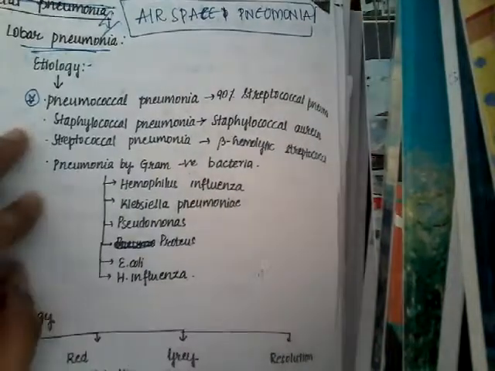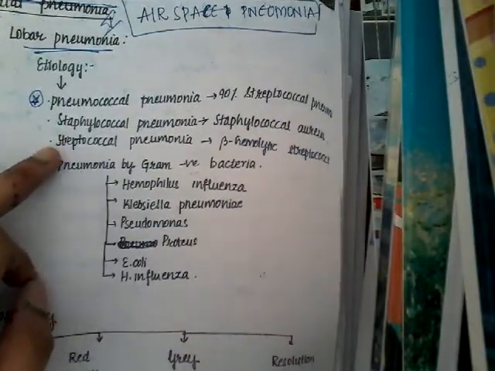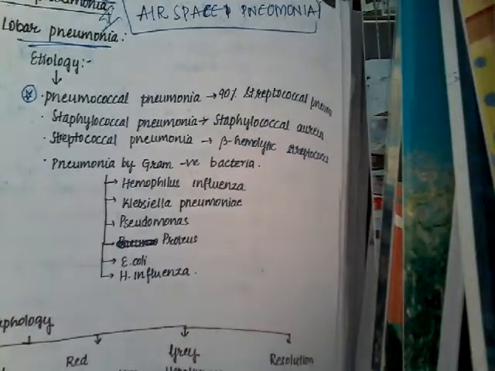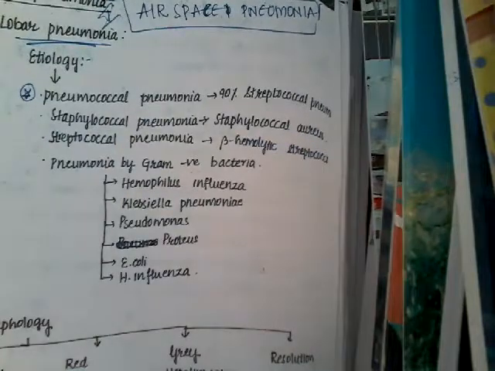For example, lobar pneumonia is mainly caused by organisms like Streptococcus. Most commonly it is caused by Pneumococcal Pneumonia. These are the list. So, lobar pneumonia is mainly caused by Pneumococcal Pneumonia, Staphylococcal Pneumonia, Streptococcal Pneumonia. Streptococcal Pneumonia is the same as Pneumococcal Pneumonia, it's just a mistake.